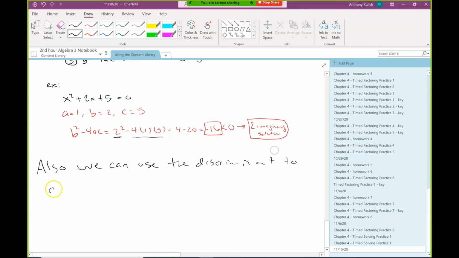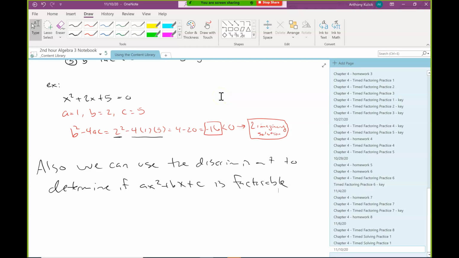Now, we've run into situations where the quadratic wasn't factorable, right? And usually we had to do this by exhaustion. We had to check all the possibilities to make sure nothing worked. And sometimes there were a lot of possibilities to check, right? Well, here we can do a quick calculation and figure it out right away.